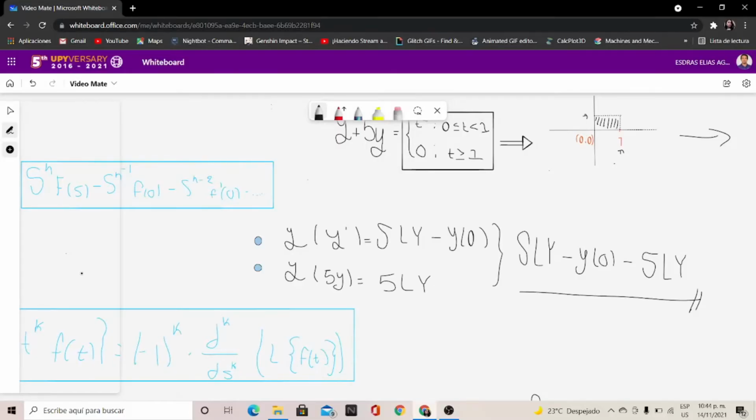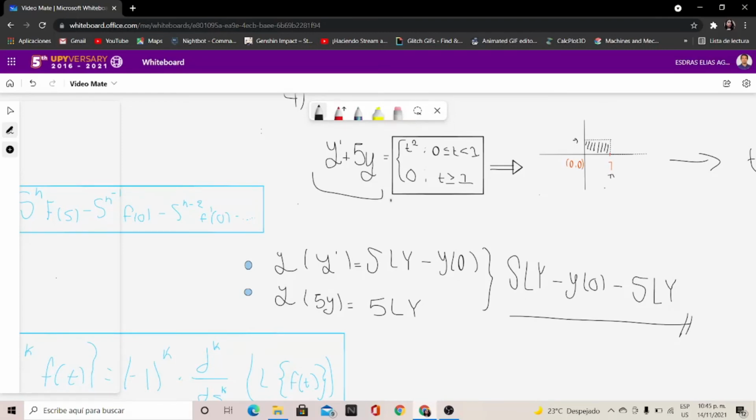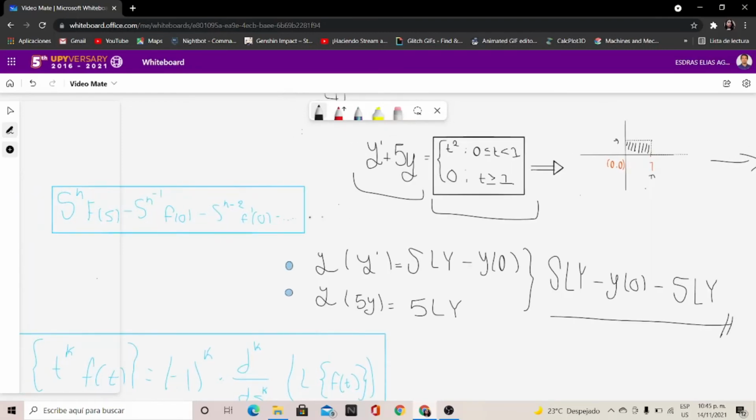Once we have the condition in a form where we can apply the Laplace transform, we apply it to both sides. The formula of the Laplace transform for a derivative is s^n times the Laplace transform of the function, minus s^(n-1) times the function evaluated at 0.